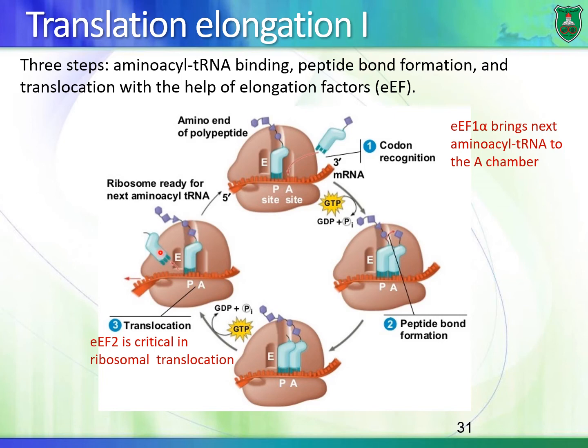So the empty tRNA leaves the ribosome, and now this chamber is empty. So you have the elongation factor 1. It brings in the other tRNA to the large ribosomal subunit, and it goes on and on until you hit the stop codon.